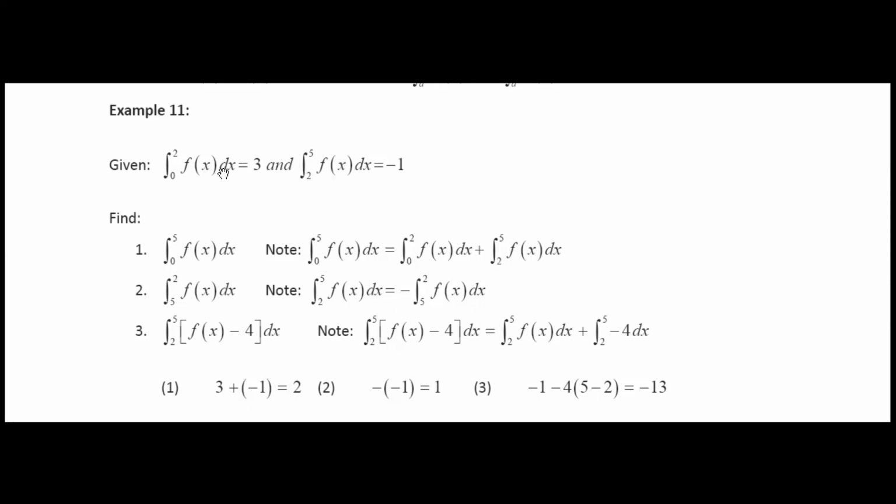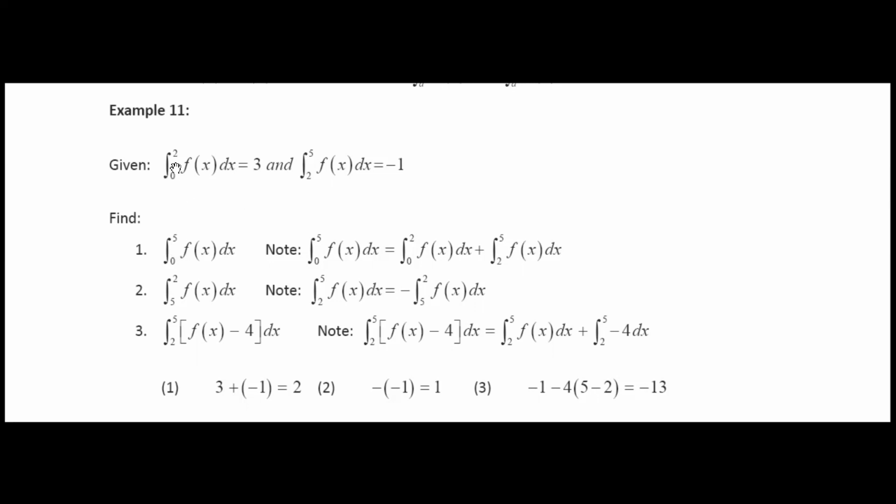All we're told is we have some function. We have no clue what it is. We don't need to know what it is, but we're told that when you evaluate the function from 0 to 2, you get 3, and when you evaluate it from 2 to 5, you get -1. And what we want to know is, what's the answer when you evaluate it from 0 to 5? Well, here's what you've got to think.